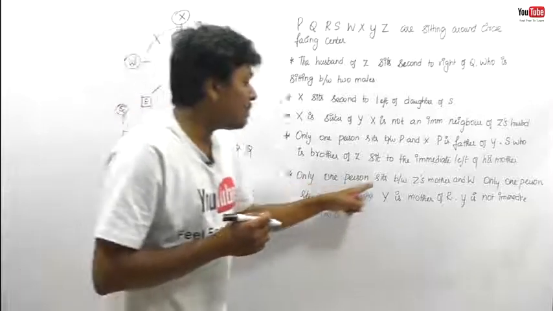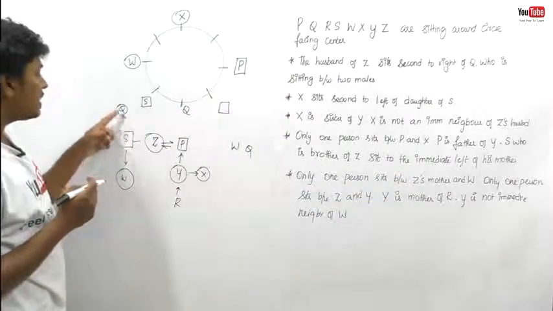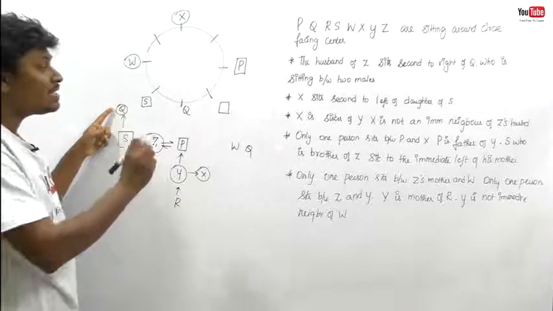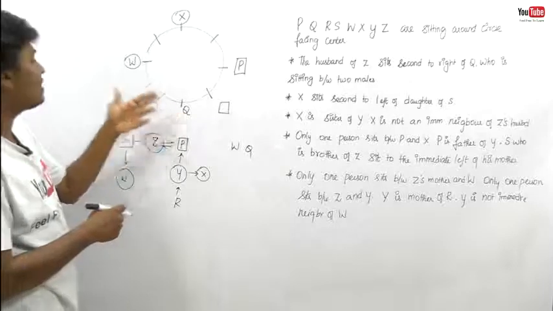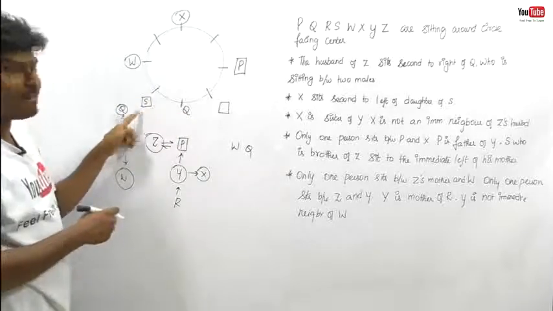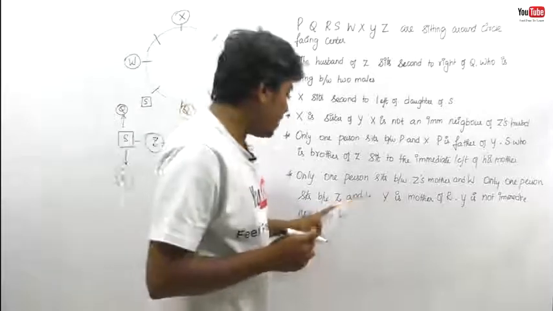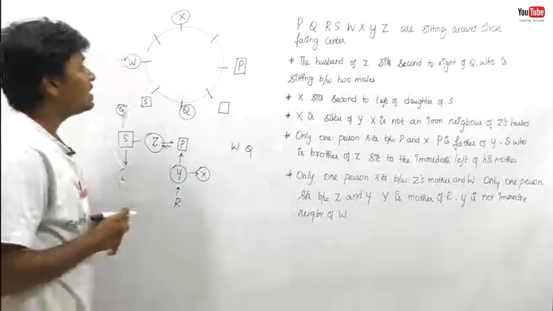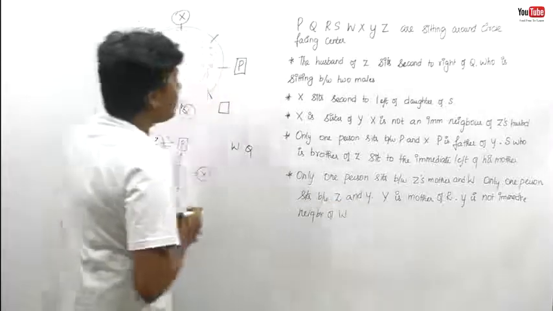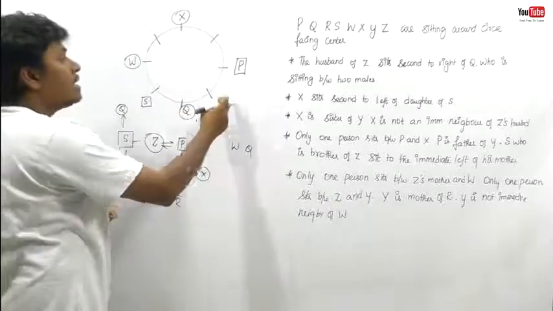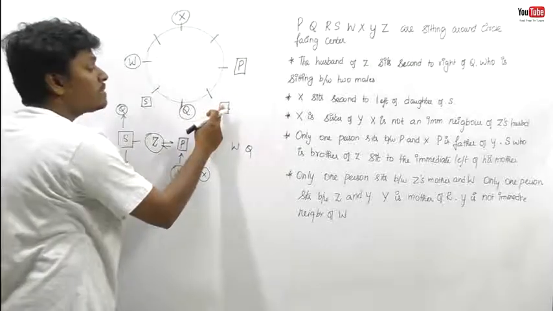Only one person sits between Z's mother and W. Z's mother is Q, so between Z's mother and W there is only one gap, right? We have already done that, but Z is a female person. Only one person sits between Z and Y. See here, friends, three places are remaining, here, here, here, but they have clearly said that only a male person should come here.